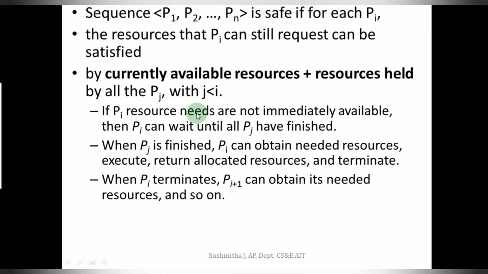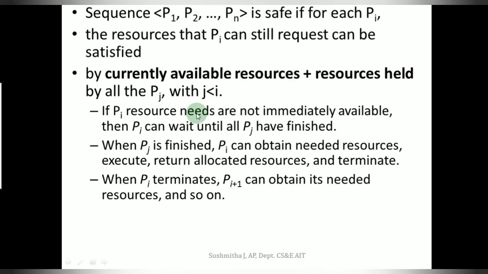Now let me put this Pi and Pj as P1 and P2. Now if P1 is requesting for a resource, if allocating that resource is leaving the system in a safe state, it is immediately allocated.